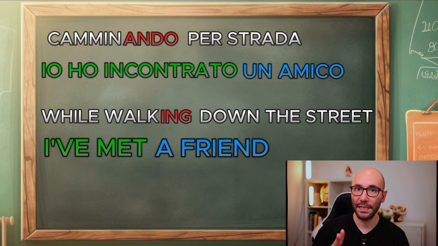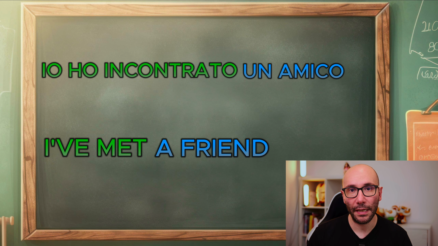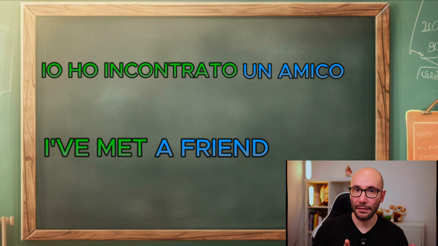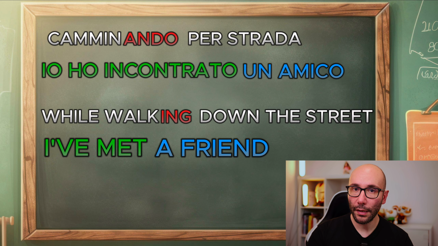So I conjugate the second verb that describes the secondary action, adds more information for my interlocutor, however, it is not exactly belonging to the main sentence, because I could have said io ho incontrato un amico, I've met a friend. So the secondary sentence has its own verb, camminando, and describes the fact that camminando, walking, happened at the same time when I met the friend.